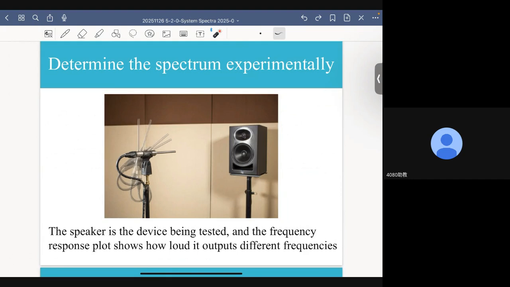So how do you determine the frequency response, the amplitude spectrum of a speaker?